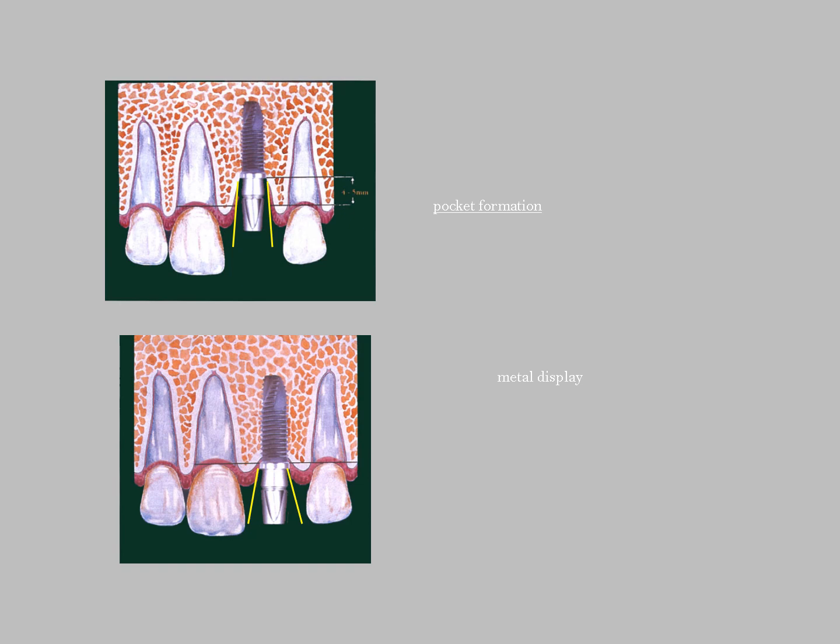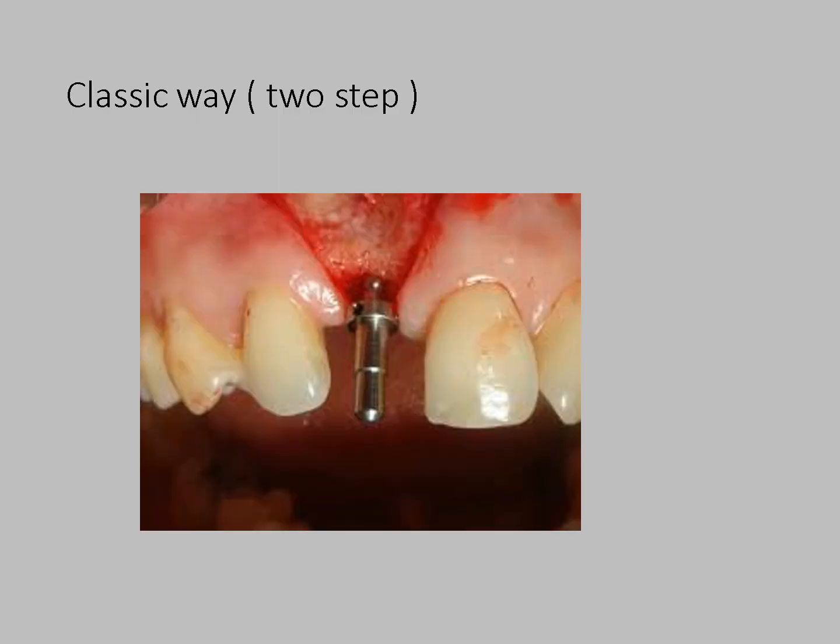Okay, as we said, this is the classic way: you open the flap and put in dental implants, put a screw like in the video we saw, and then suture the mucosa. Then after 2 to 6 months, according to the bone, maxilla or mandible, the quality of the bone, and the procedures that you do, we open it again and add a sort of healing collar or gingival former to get the shape of the gingiva.